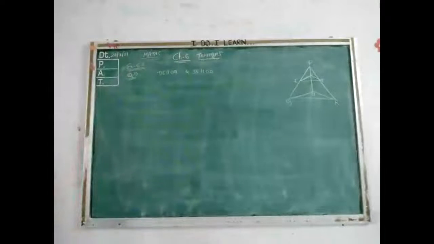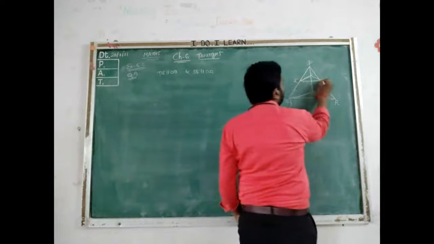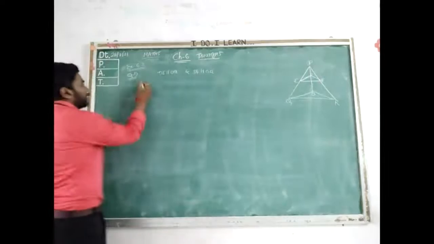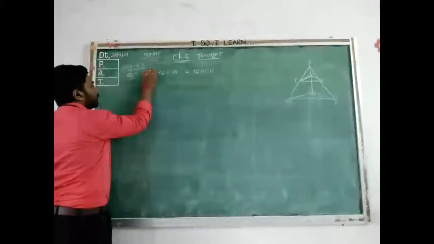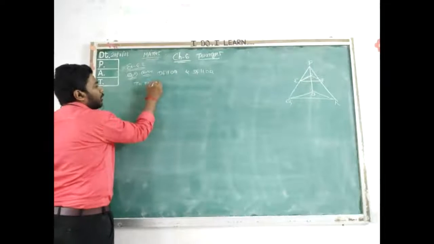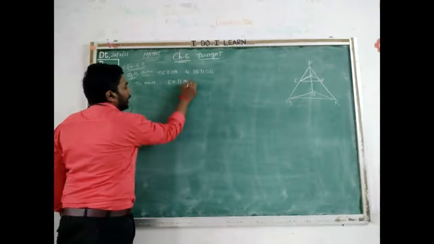Now, we have to prove EF is parallel to QR. So let's start. This is given to us, and we have to prove EF is parallel to QR.